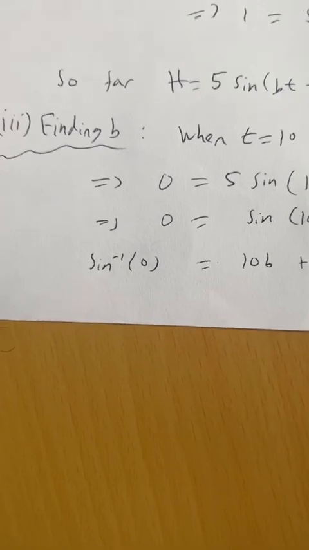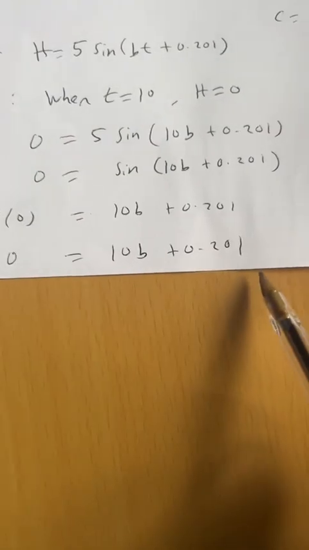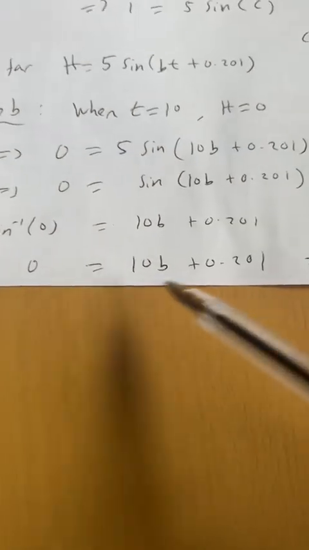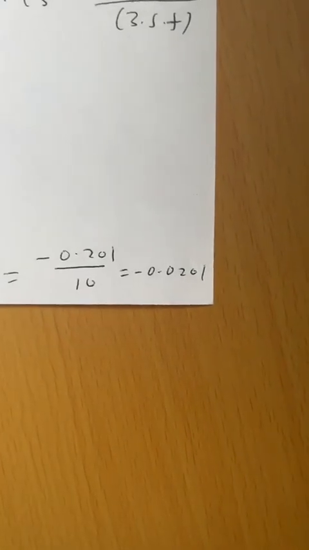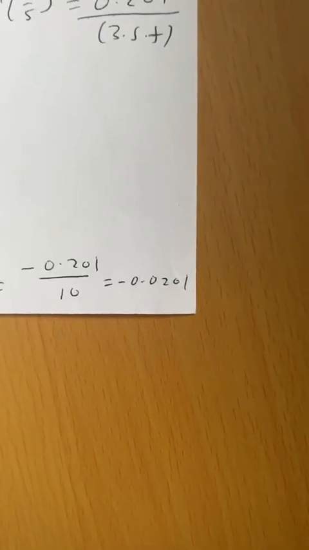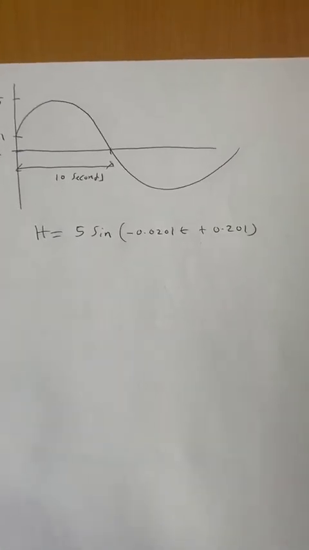Sine inverse of 0 on the calculator gives 0. Then by solving this, the b looks like it's around minus 0.0201. If that calculation was correct, this would be your final answer for the model.